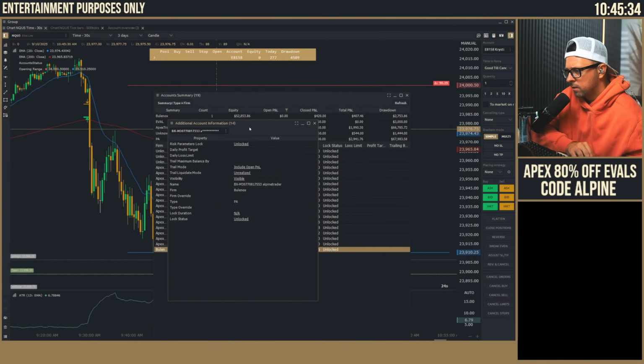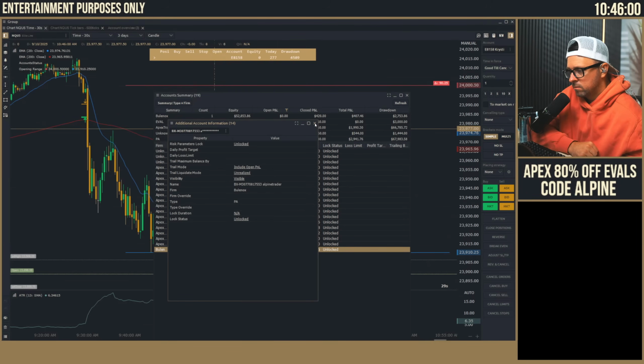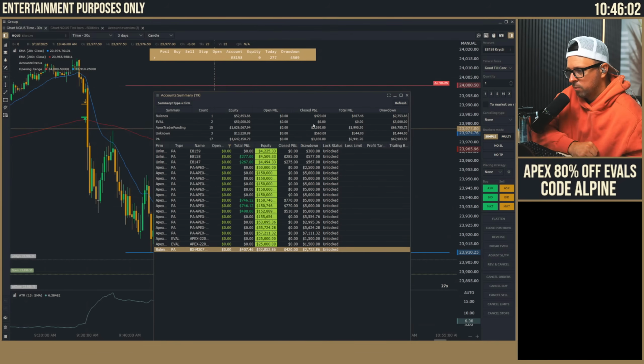So I could set daily profit target, daily loss limit, trail maximum balance. I like that. All right, so this is pretty good. I could definitely take advantage of that and at least try not to blow my accounts in one day.